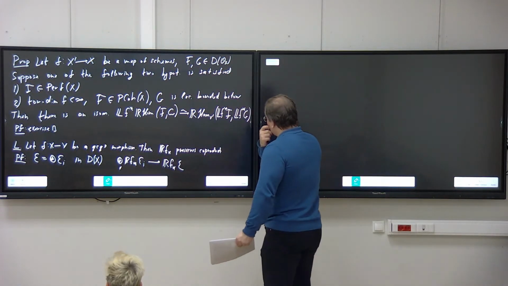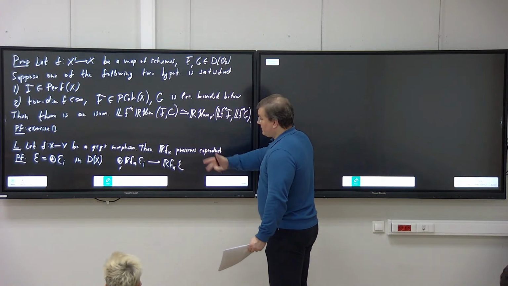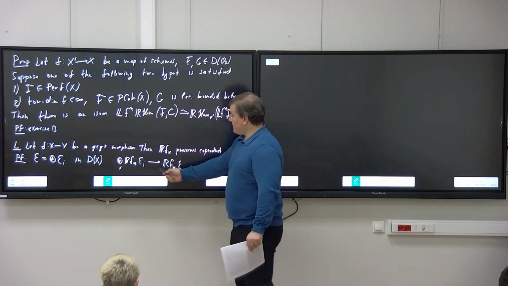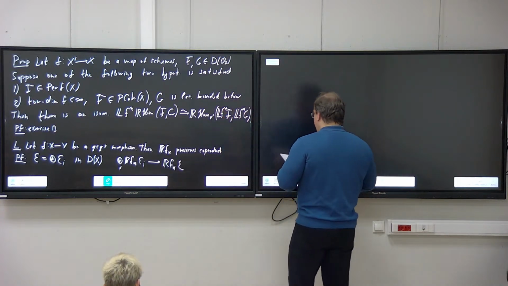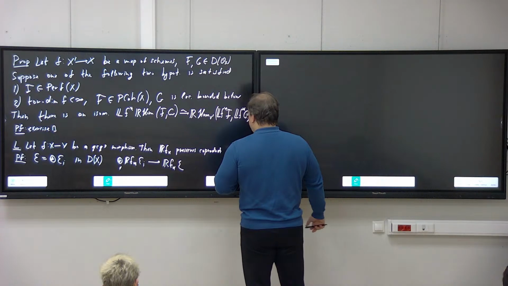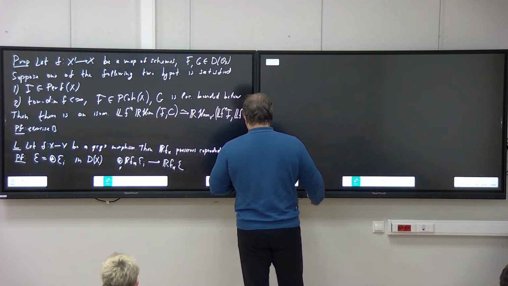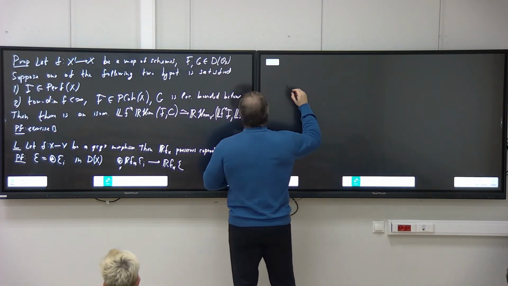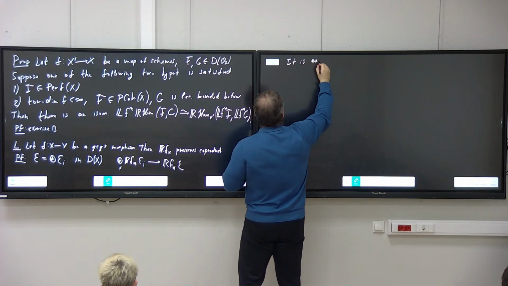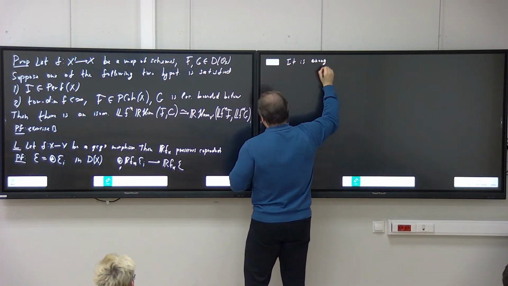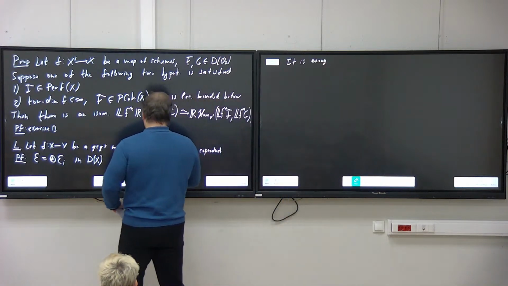Well, by the standard argument, we can notice that both sides commute with shifts, so it is enough to show that this map induces an isomorphism on the zeroth cohomology. So maybe let's call this map phi.